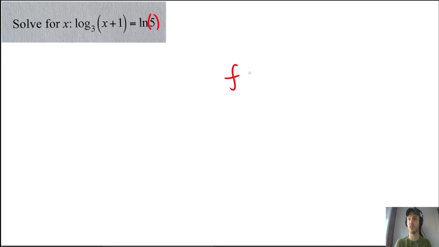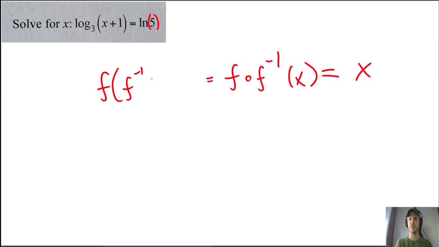If we have a function and we compose it with its own inverse, we get whatever's inside the parentheses. That's the argument of the function. We get that out. Okay, and vice versa. And actually, when you rewrite the same thing in a different notation, we would say f of f inverse of x. Same thing. These mean the exact same thing.